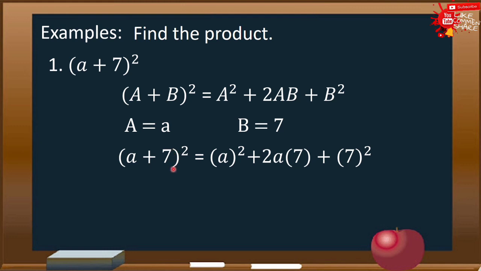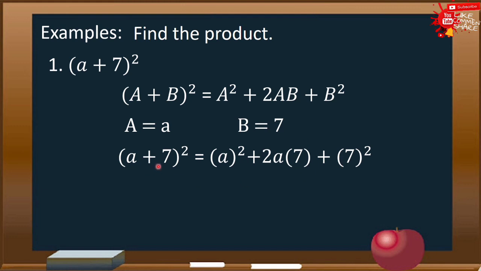Then the quantity squared equals A squared, so we substitute the variable A for capital A, then plus, twice, so 2 times the value of A, which is the variable A, times the value of B, which is 7. Then plus the square of B, and our B is 7, so we have the square of 7.